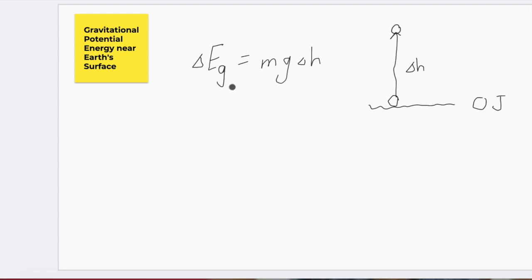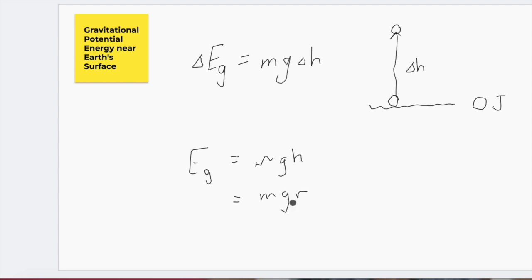If I just take this equation for a second here, sorry, there's a bit of lag here, E_g equals mg h, if I just drop the deltas. Now let's just say for the sake of argument I was at the surface of the Earth. So instead of talking about h, I talk about the radius of the Earth, which I will call r. So this would be mgr.